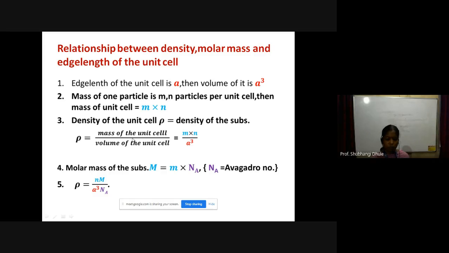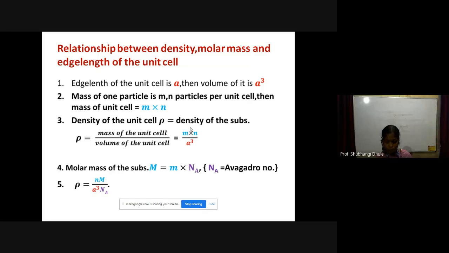Rho, that is the density, is equal to mass upon volume. So here, the mass of the unit cell divided by the volume of the unit cell. What is the mass of the unit cell? Simply the mass of the atoms or particles present in it.